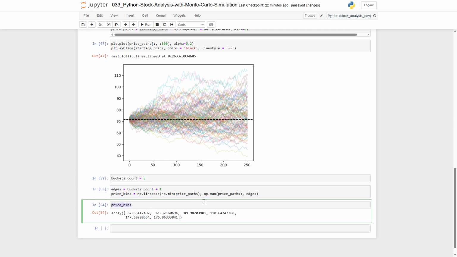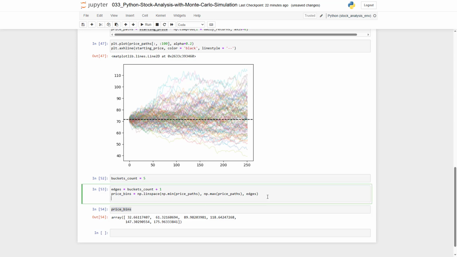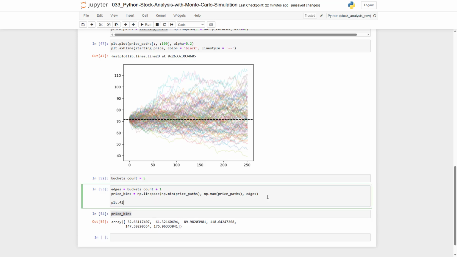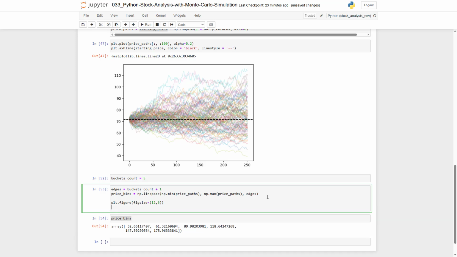Now we should plot it. Let's have it here, plt.figure, and the fixed size is the standard 12 by 6. It's pretty much everywhere. Then plt.hist of price paths, from -1, which means the last price. And then the bins would be the price bins.